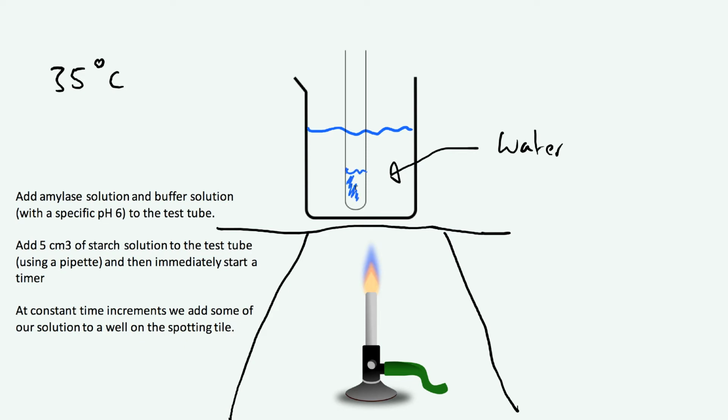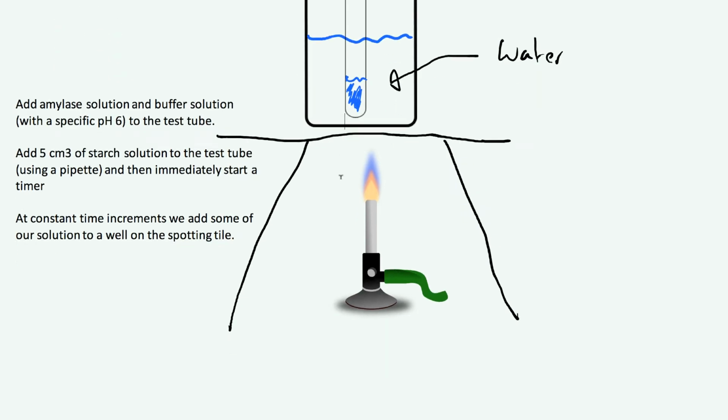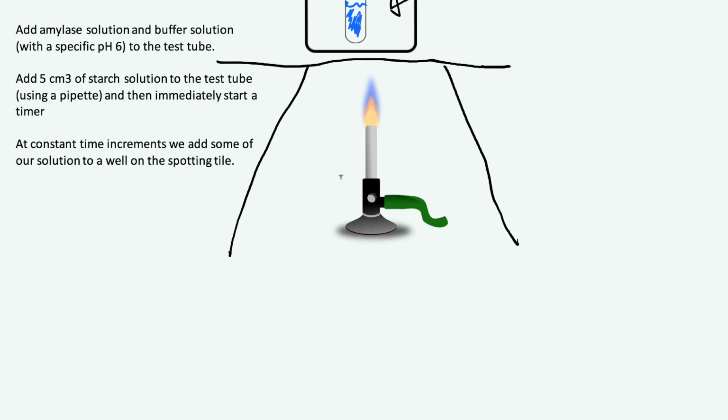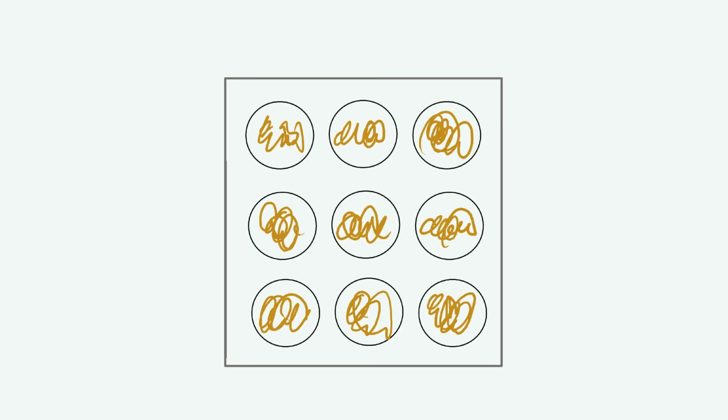It's not going to be blue, by the way, I'm just doing it so you can see it. Then we add some of this to our spotting tile, right? Every 30 seconds, it could be different time increments, it's down to you, right? Now what happens when starch is present, okay, iodine is actually the test for starch. And if starch is present, the iodine solution will turn blue-black, right?